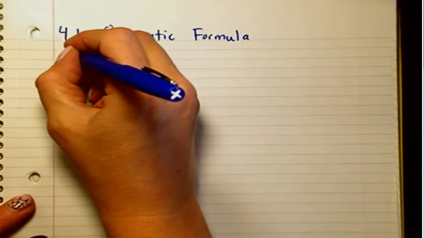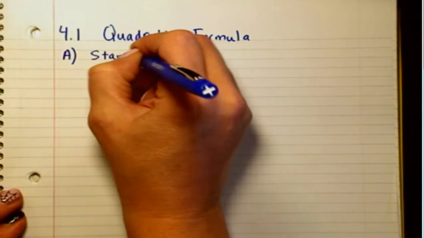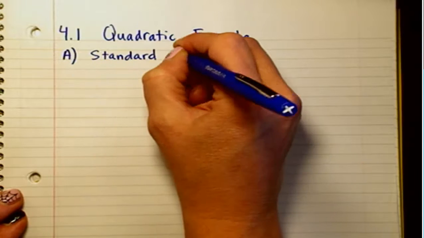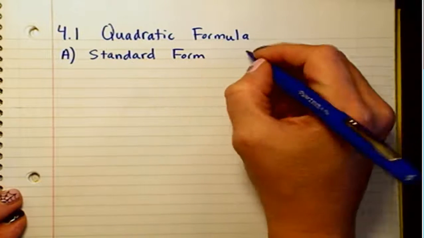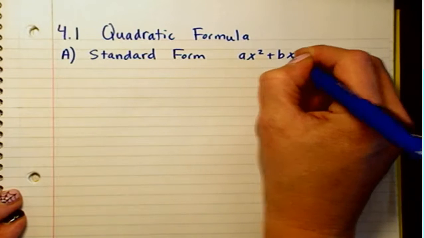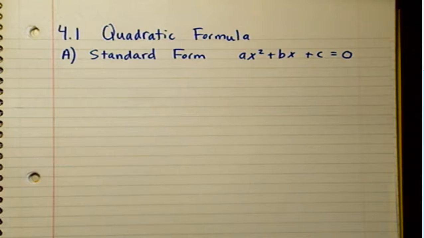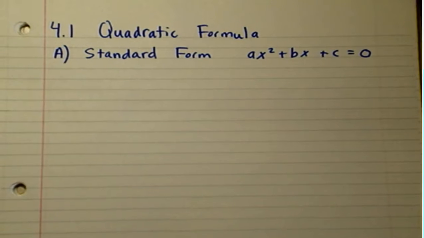So the first thing we need to do is standard form. Standard form is when you have ax squared plus bx plus c equals 0, okay? And we are solving for x.